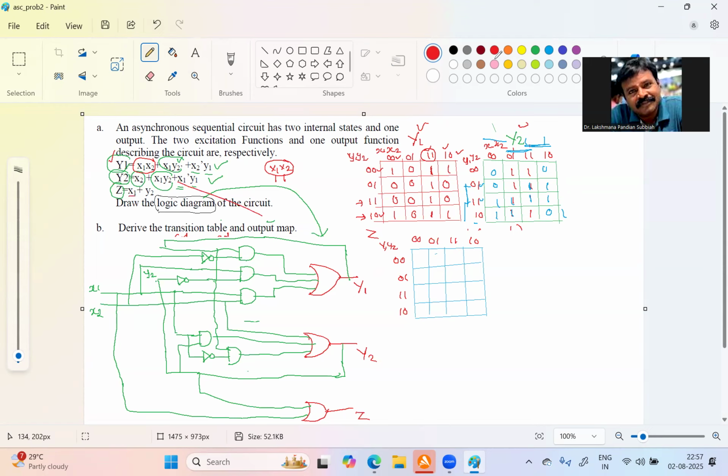We are having x1, so x1 is 1. The Z function is actually x1 plus y2. So wherever x1 is 1, column 3 and 4, you have to fill all ones.